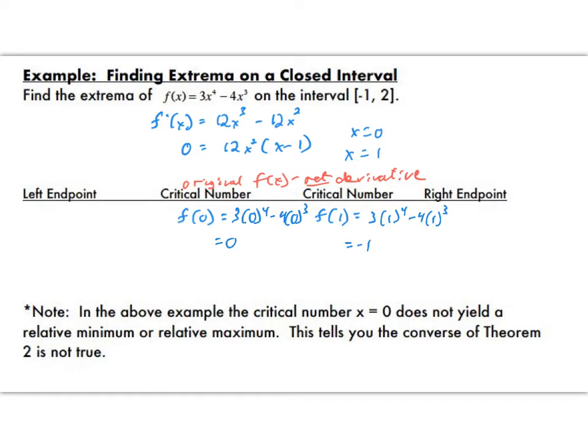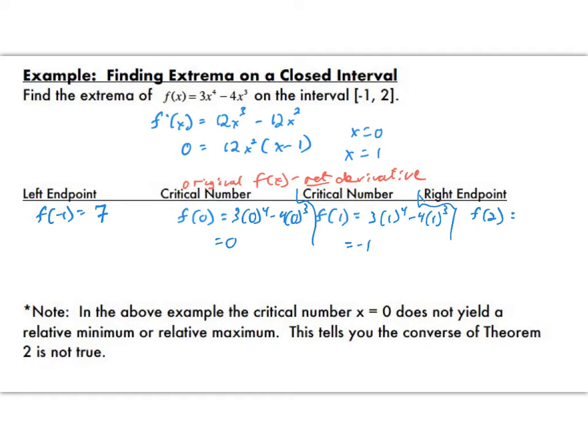Now that doesn't guarantee that that's the maximum and minimum value, because you also have to consider the endpoints as well. So I need to find what f of 2 is, and I also need to find what f of -1 is. As I go to find f of -1, I'm going to end up getting 7. So you can see that that's already the leader in the clubhouse as far as max values go.